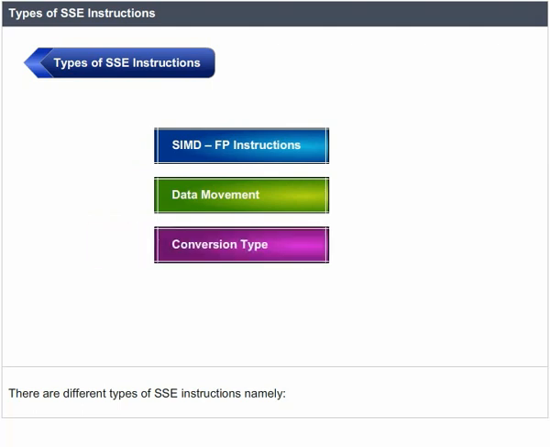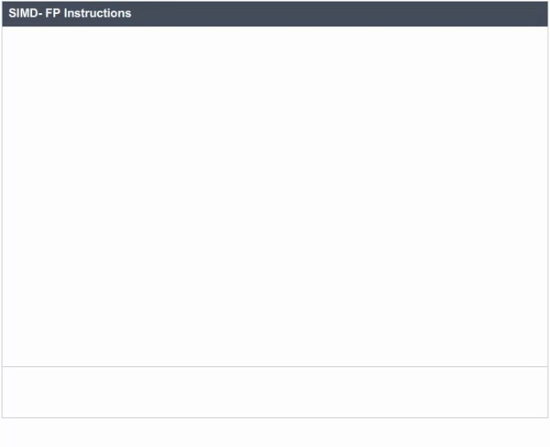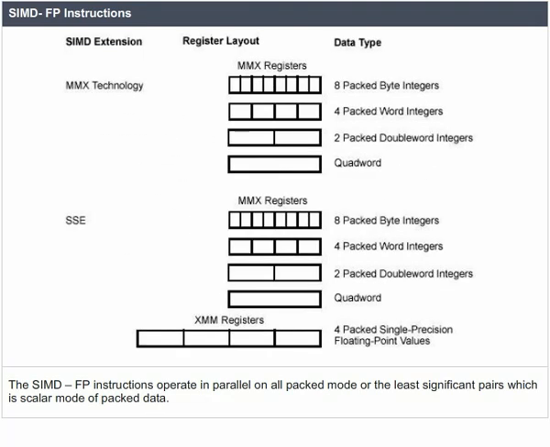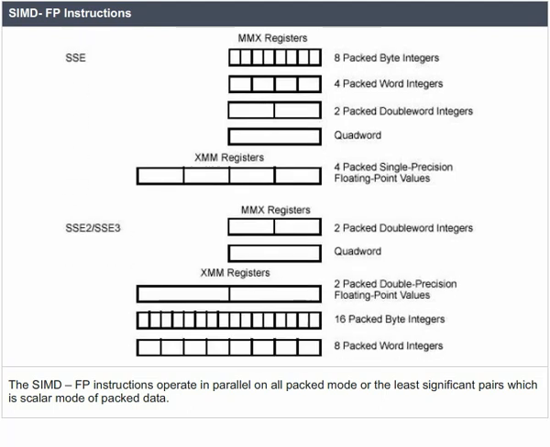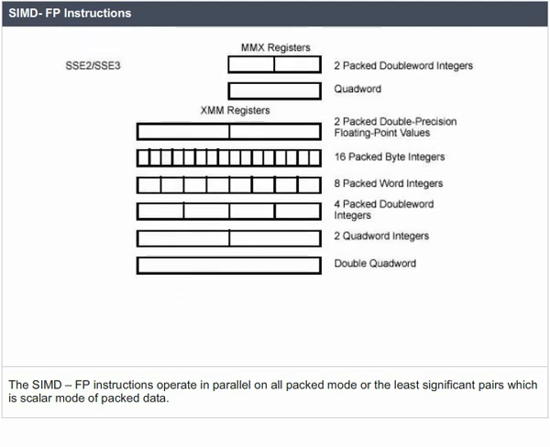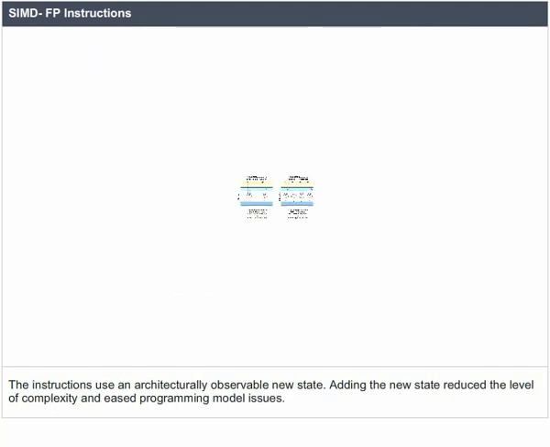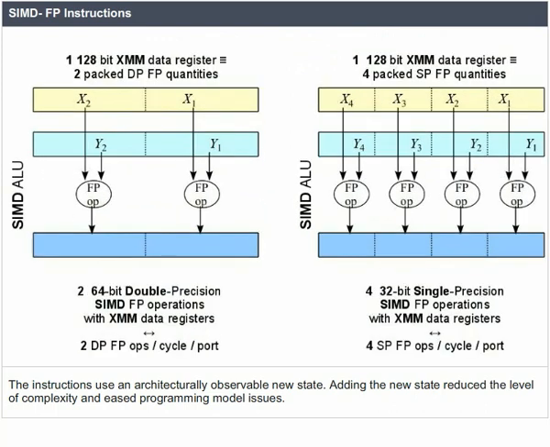SIMD FP instructions. The SIMD FP instructions operate in parallel on all packed mode or the least significant pairs, which is scalar mode of packed data. The instructions use an architecturally observable new state. Adding the new state reduced the level of complexity and eased programming model issues.